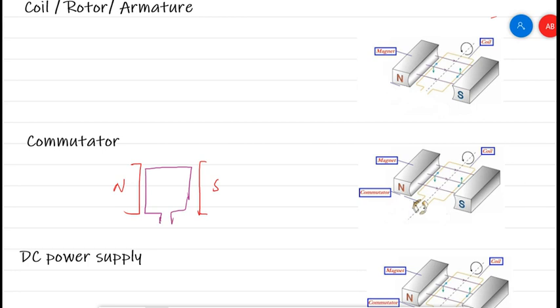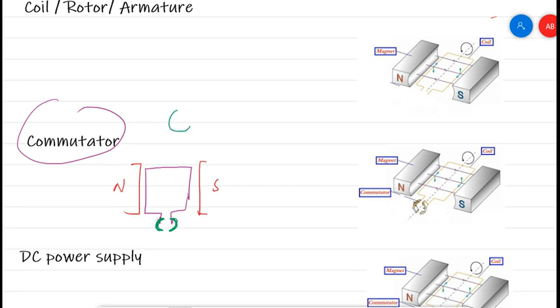Now we're talking about the commutator. So here this coil has two ends. At one end we connect one connecting point at this curved shape, and another part on this side, the commutator. Both are like a ring. And which rings?